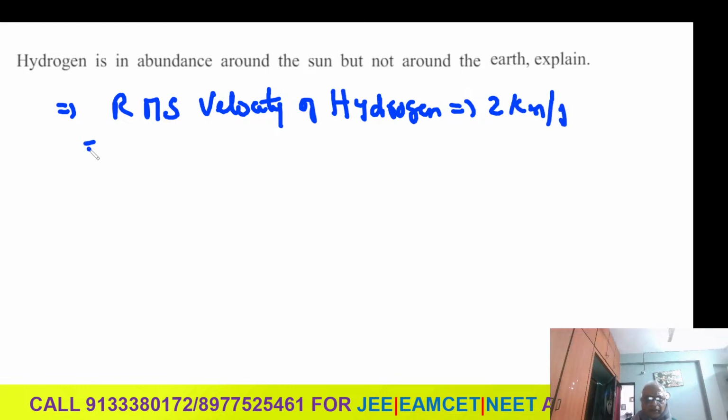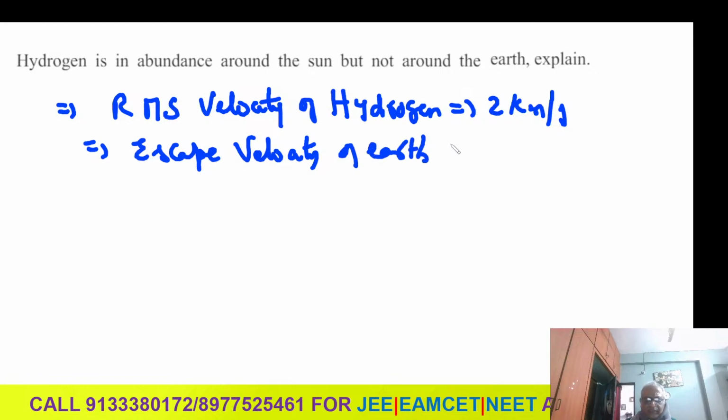What is the escape velocity with respect to Earth? The escape velocity on Earth is 11.2 km per second, so hydrogen easily escapes, because its RMS velocity is only 2 km per second.